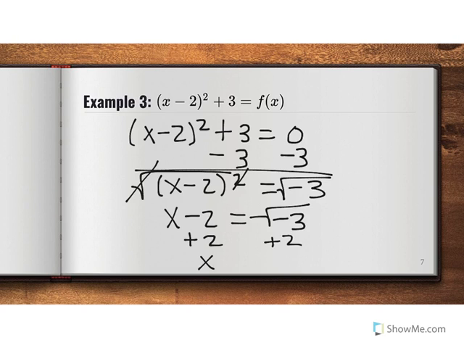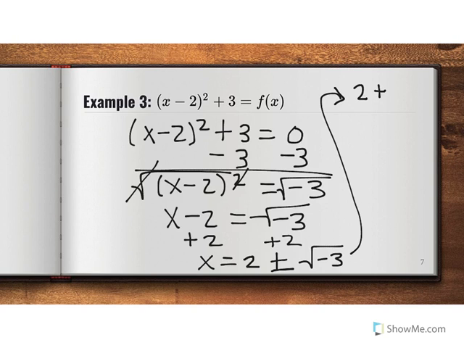Let's finish doing this. x equals 2 plus minus the square root of negative 3. So when I rewrite this, we're going to make this an i, root 3. So then we have our 2 plus root 3i, and we also have our 2 minus the root 3i.